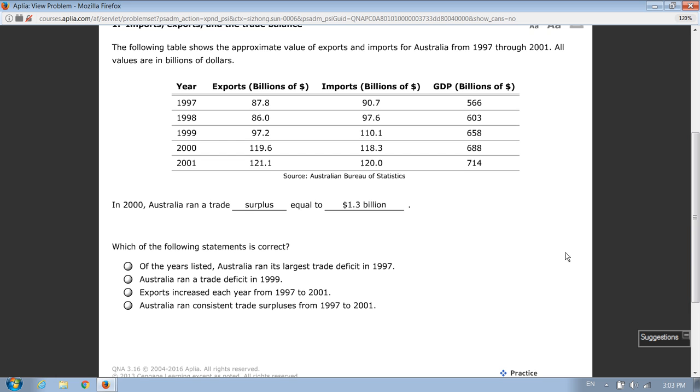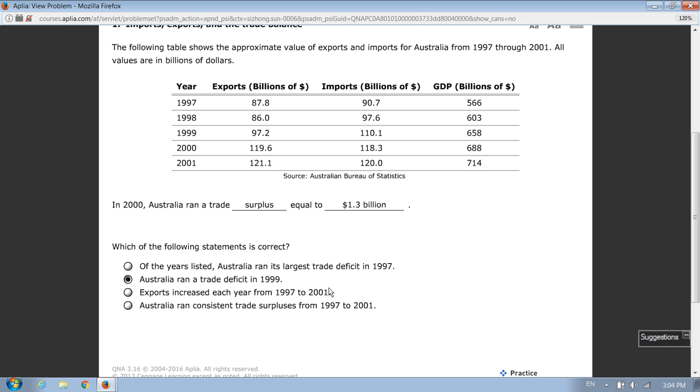Which of the following statements is correct? Of the years listed, Australia ran its largest trade deficit in 1997. This is incorrect because in 1998 the trade deficit is even bigger. Australia ran a trade deficit in 1999. In this year the export is 97.2, import is $110.1 billion.